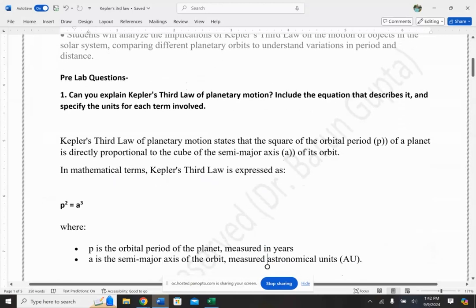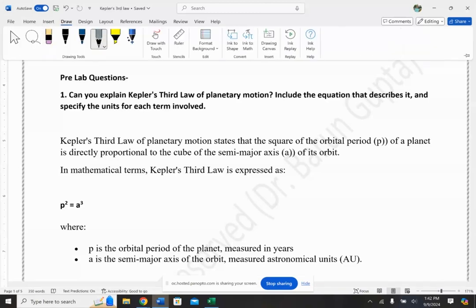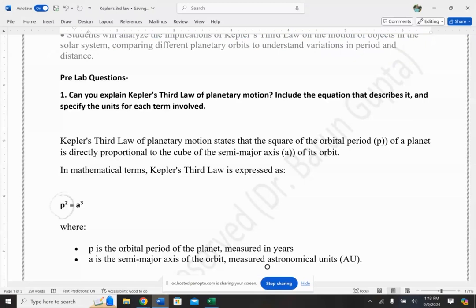Kepler's third law tells you that the square of the orbital period, P squared, where the orbital period is in years, and a is the semi-major axis, or we can call it the average distance between the Sun and the planet.